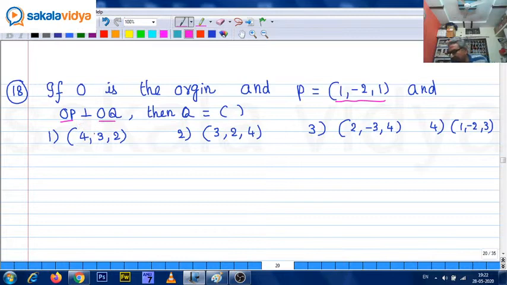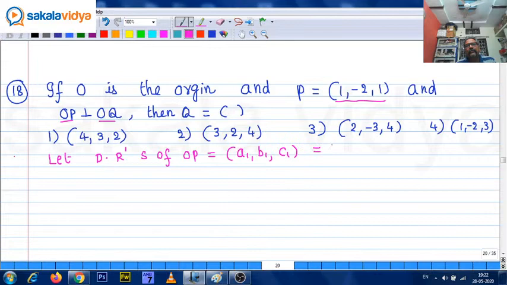Since they are perpendicular, A1 A2 plus B1 B2 plus C1 C2 must be equal to 0. Direction ratios of OP: A1 B1 C1 equals 1 comma minus 2 comma 1. You may get one doubt: because O is the origin 0 comma 0 comma 0, x2 minus x1, y2 minus y1, z2 minus z1 are the direction ratios.